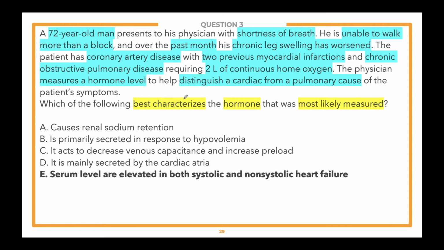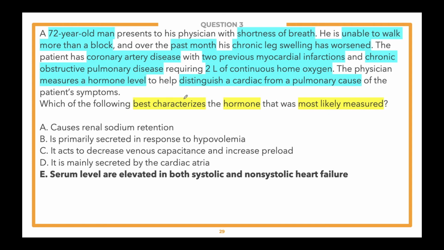And one of the tests that we can check in heart failure, as you may know, is BNP. BNP stands for B-type natriuretic peptide. It's helpful in the diagnosis and also a little bit in the management of heart failure as well.